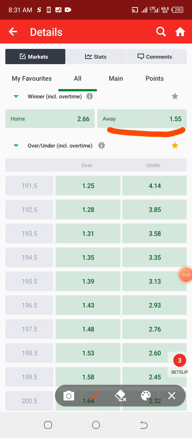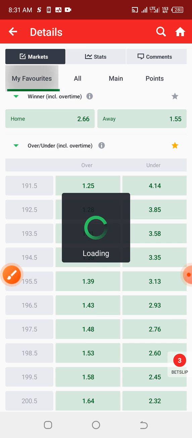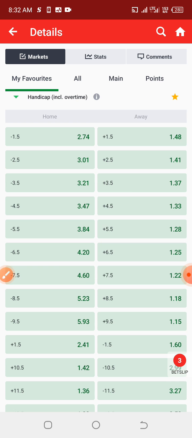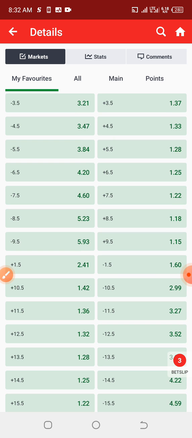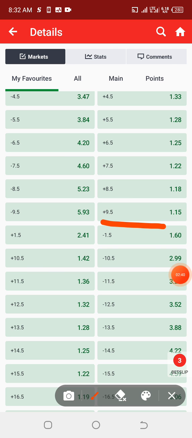If you want to make the game safer, more on the safer side, and you say that at most the point difference that the home team is going to use to beat the away team will not be up to 9.5, because when they beat them with a 9 point difference, definitely you've lost your game. So at most, if they are going to beat the away team, the point must not exceed maybe 8 or 7, then you are safe.